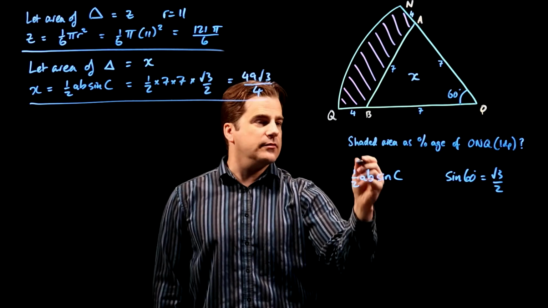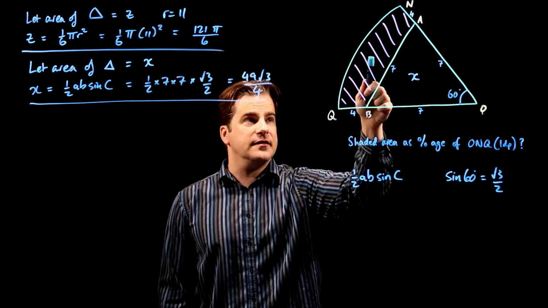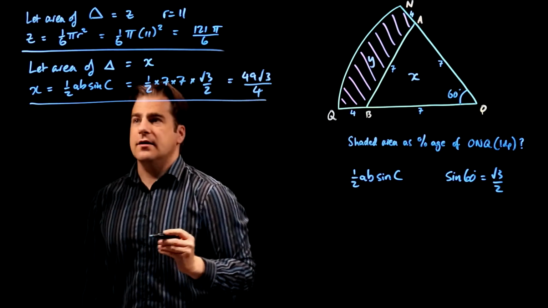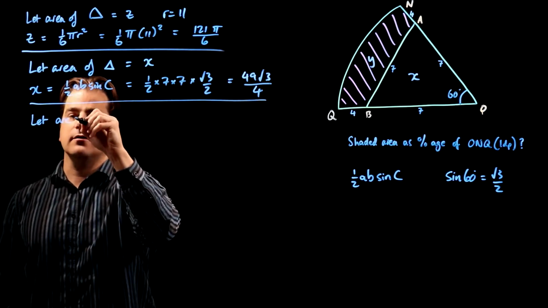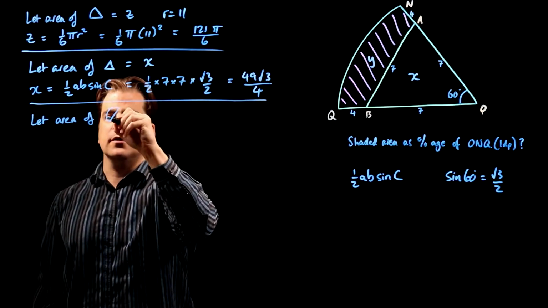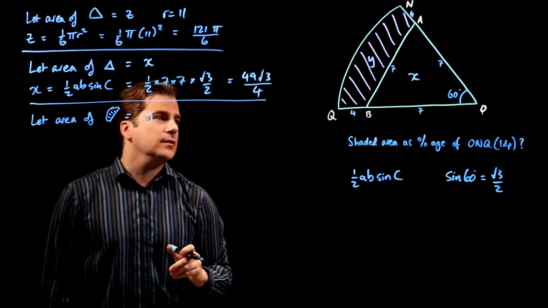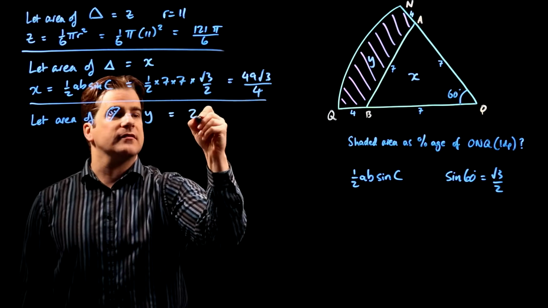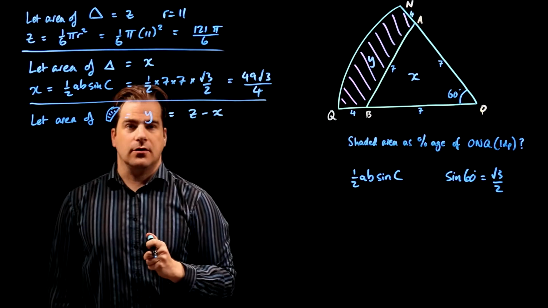Right, now, the shaded area is a percentage of the whole thing. So we need to know the shaded area. Let's call that Y. Let area of shaded region equal Y. Well, Y is simply Z minus X, isn't it? So it's Z minus X. Good.